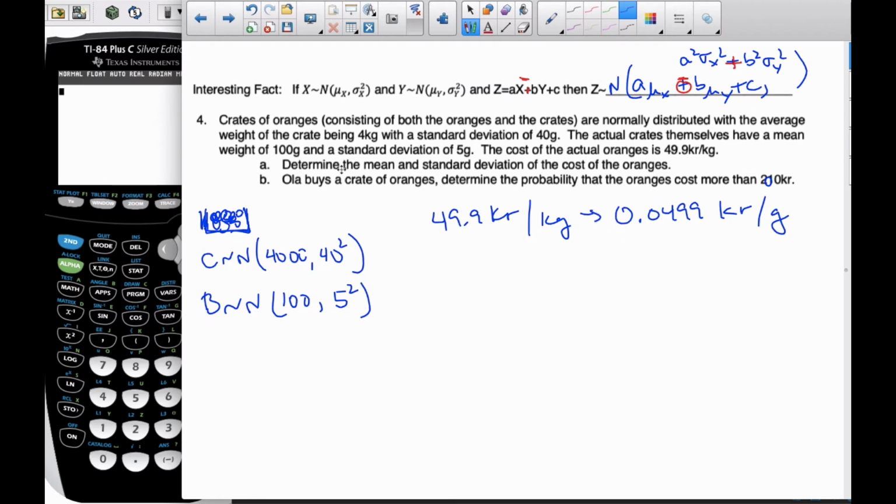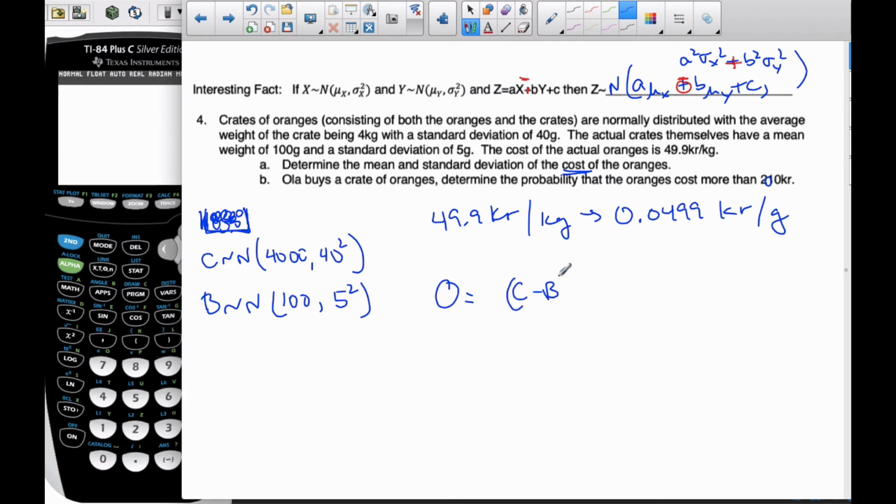Okay, so it wants us to determine the mean and standard deviation of the cost of the oranges. Well, if I take the actual full crate minus the box on the outside, that will be just the weight of the oranges.